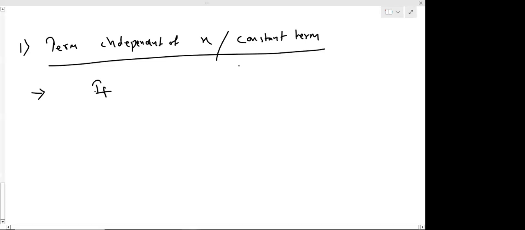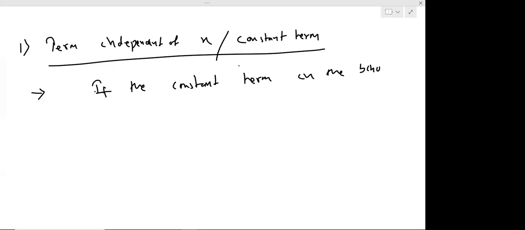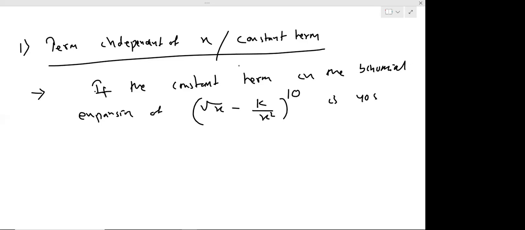Write down: if the constant term in the binomial expansion of (under root x minus k upon x square) to the power 10 is 405, then mod k is a dash.